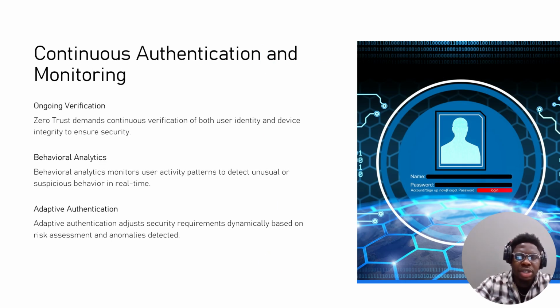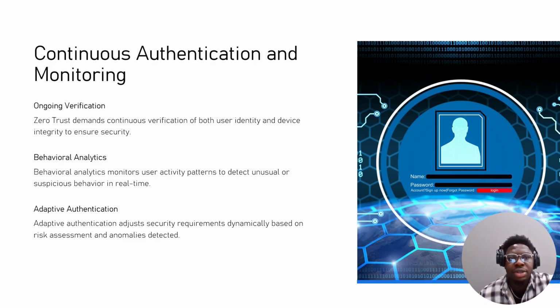Continuous authentication and monitoring. This refers to ongoing verification. Zero trust demands continuous verification of both the user identity and the device integrity to ensure security. Behavioral analytics. Behavioral analytics monitors user activity to detect unusual, suspicious behavior in real time.